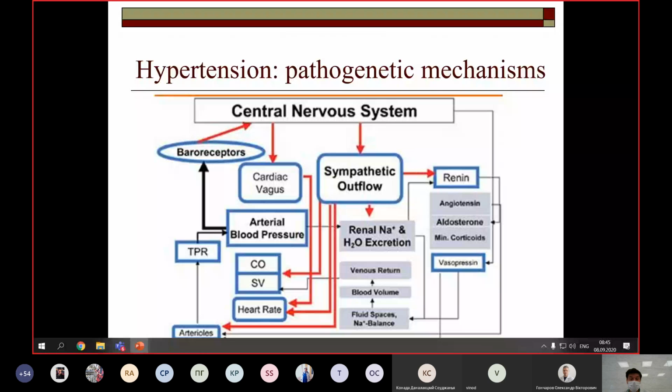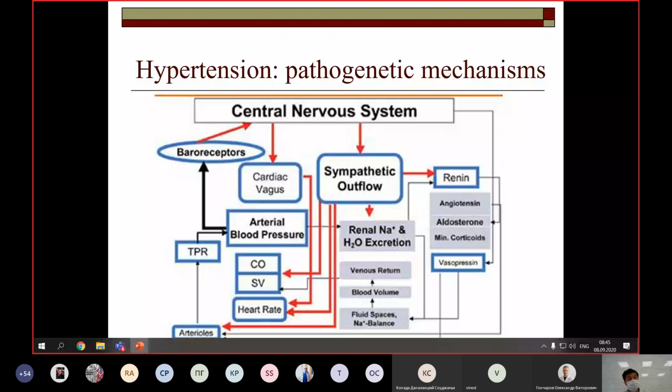So the main goal of this slide: we have seen baroreceptor dysregulation associated with overactivity of the central nervous system. Probably the baroreceptor mechanism can be involved in the pathogenesis of arterial hypertension through some genetic abnormality.